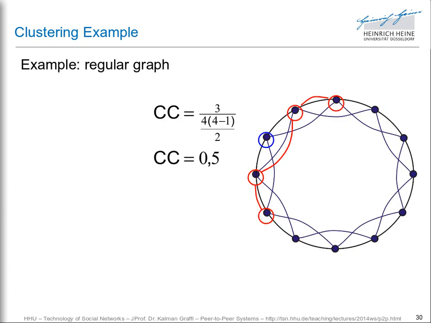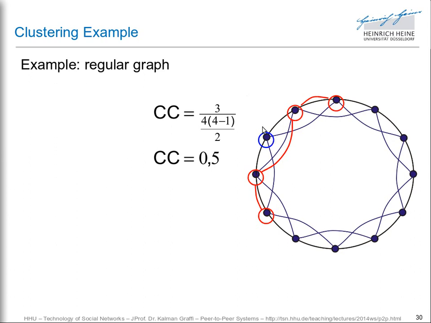So now we have an example for the clustering coefficient. We have a regular graph, which is, yes, every node has 4 neighbors, which you can see here.